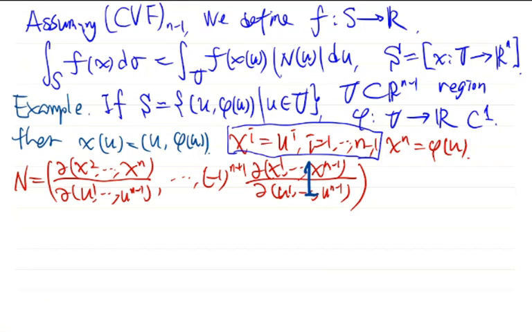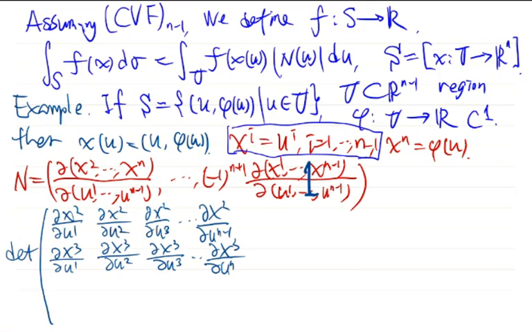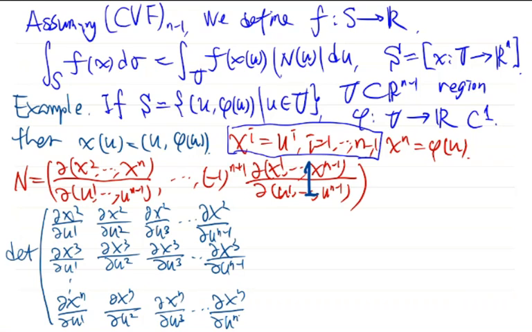The first one, we need to compute this determinant. The entries are the partial derivatives of x2, x3, up to xn with respect to u1, u2, u3, up to u n minus 1.